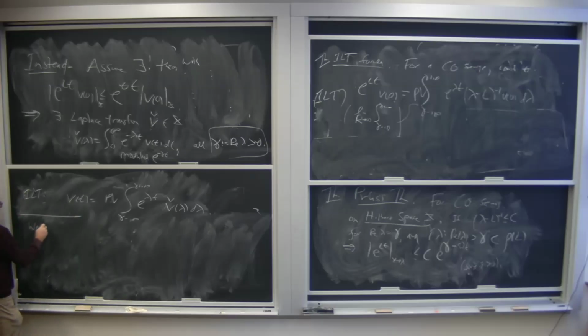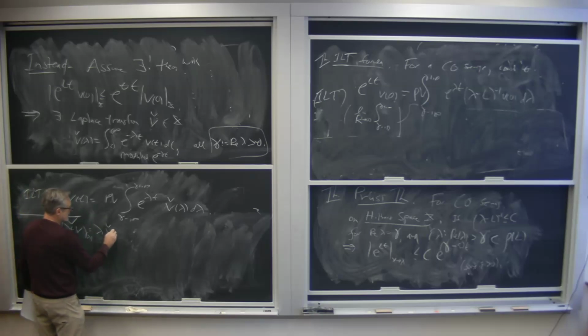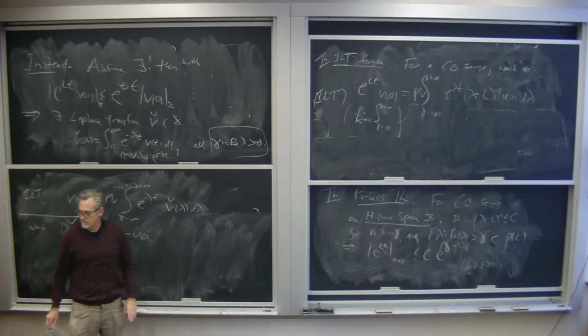So we want the Laplace transform of dt v to be equal to lambda v check of lambda minus v of 0. This is the thing we want to have in order to convert this into the solution formula.